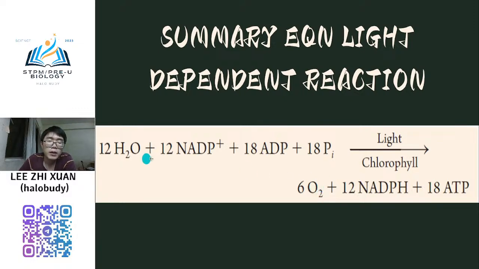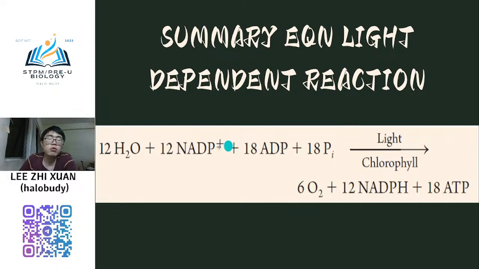These are the reactions in the light dependent stage. It only involves water molecule to produce oxygen.